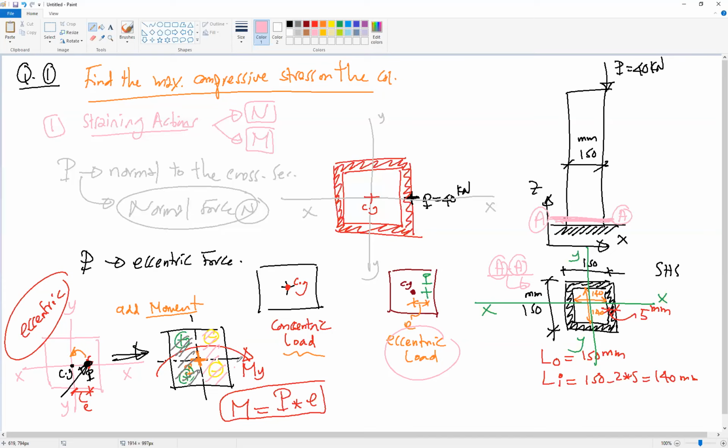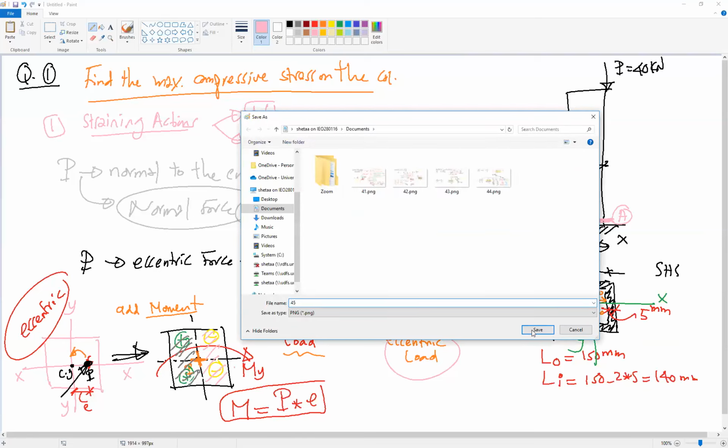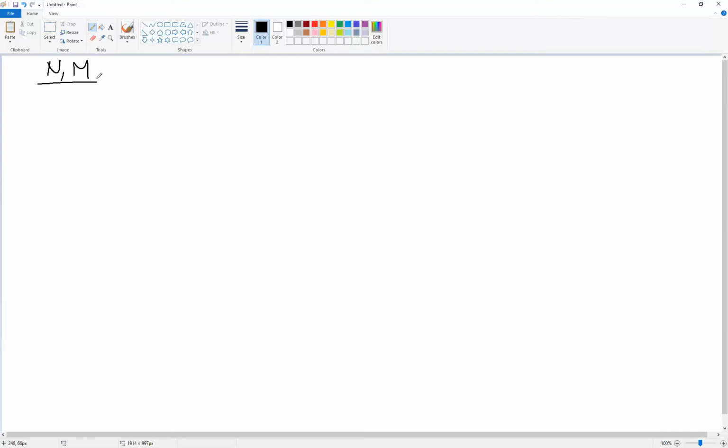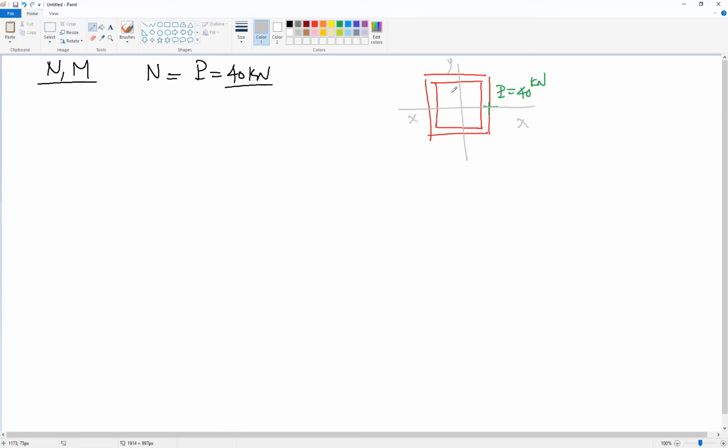Okay, so for our problem now, we need to find N and M. From the question, we have N equal to P equal to 40 kilonewton. But for M, again, this is our cross section and the load is here, P equal to 40 kilonewton, and these are the X and Y axes, and this is our centroid.